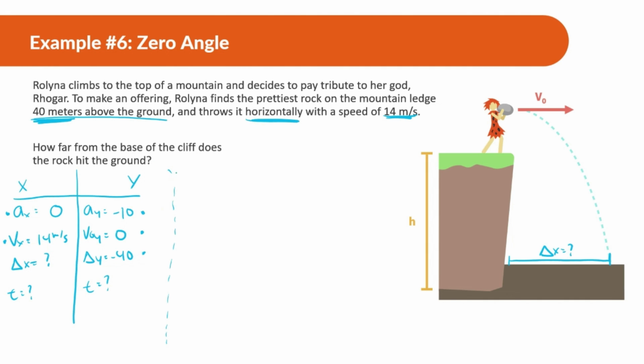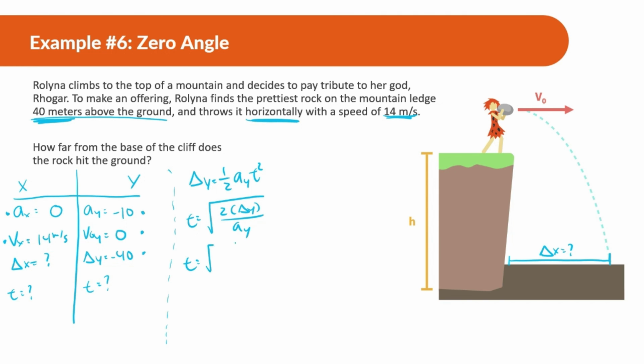Looking at these variables, we should notice that we can use this formula: displacement in the y is equal to 1/2 a_y t squared. Now we're looking for time. So time is equal to the square root of 2 times displacement in the y divided by acceleration in the y.